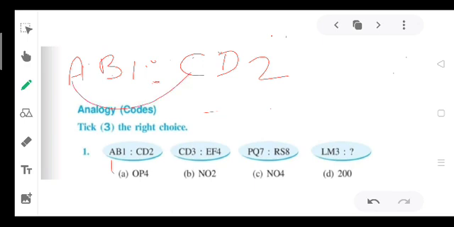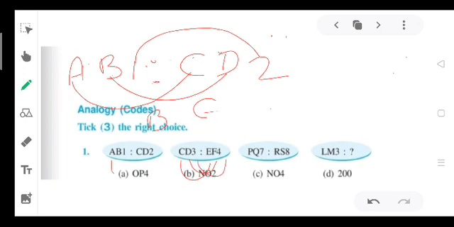A and C means one letter skipped. B and D, B, C, D, C skipped, then 1 and 2 forward counting. So the same in this: C, D, E, D skipped here. D, E, F, E skipped here. 3 and 4 forward counting.